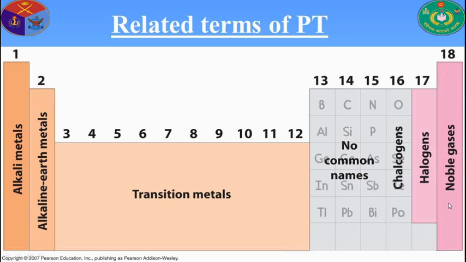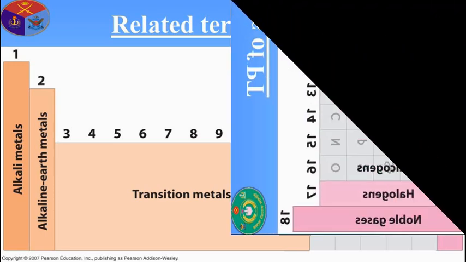These elements are known as noble gases because they cannot form compounds by donating, sharing, or accepting electrons, and that's why they cannot participate in any chemical reactions. So these elements are known as noble gases.